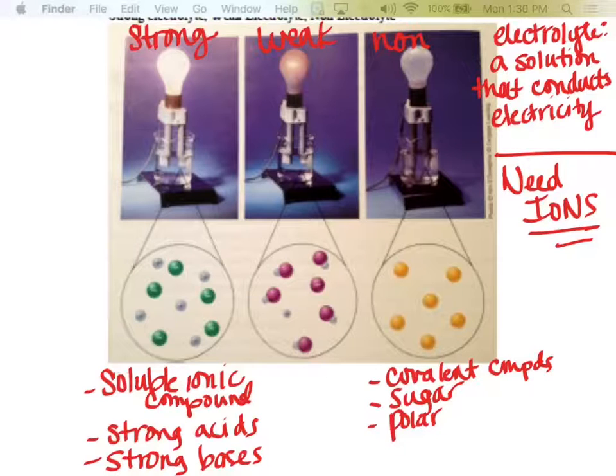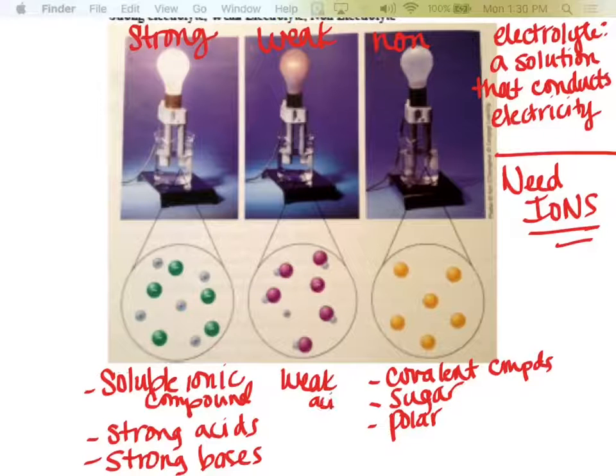Those do not conduct electricity. Sugar, as we drew a while ago, can dissolve in water, but it doesn't break up into ions. And since it doesn't break up into ions, it cannot conduct electricity. Non-electrolytes. So what would be our weak ones? Weak acids and bases.